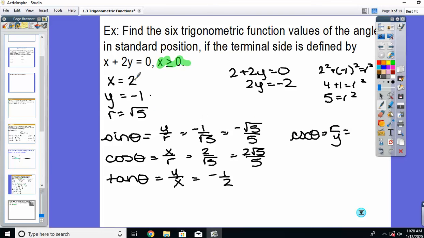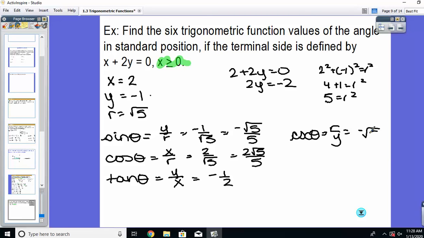I would either go back to the originals or just flip right here. You get negative radical 5 over 1, which you could just tell me is negative radical 5. Secant, r over x, so radical 5 over 2. And cotangent, x over y, so 2 over -1 or -2.